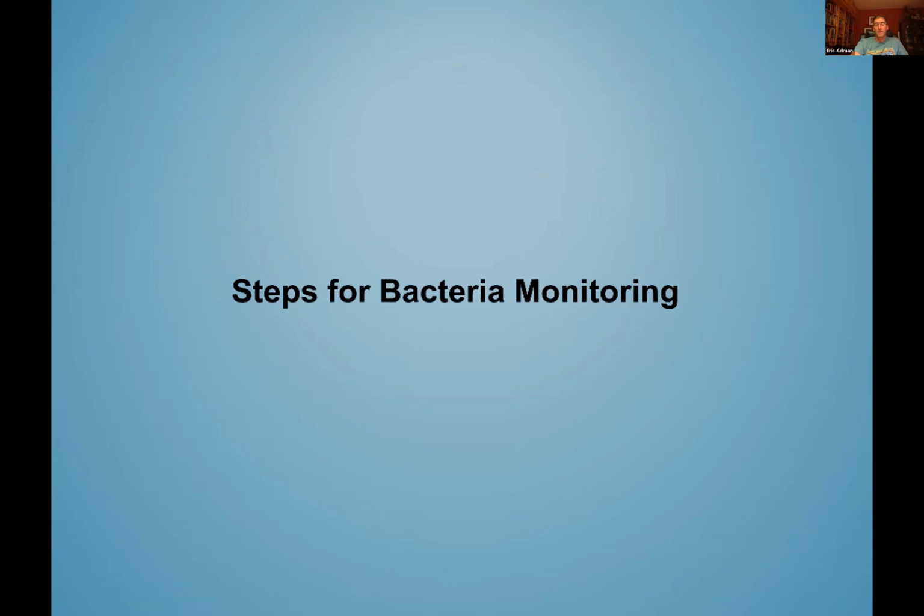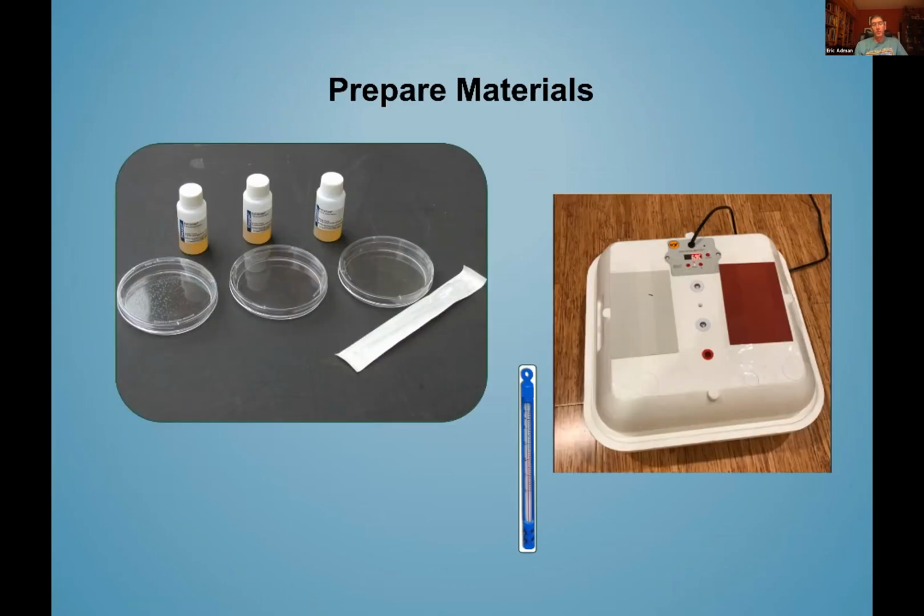All right, let's talk about the specific steps for bacteria monitoring. This is what the pieces of equipment look like that we're going to use for our bacteria monitoring. Those dishes are called Petri dishes.